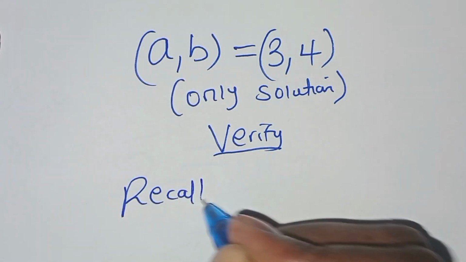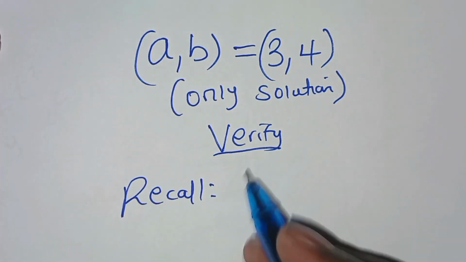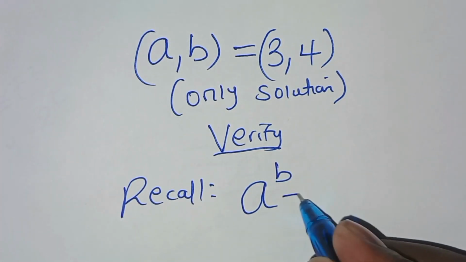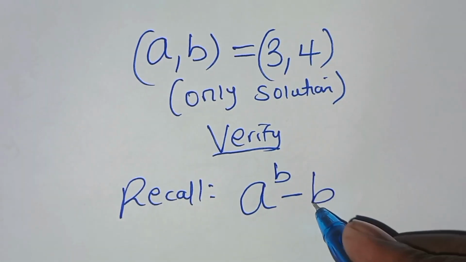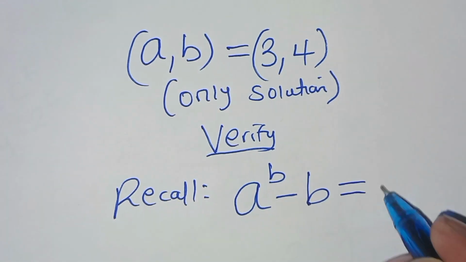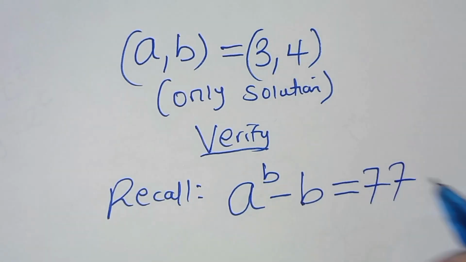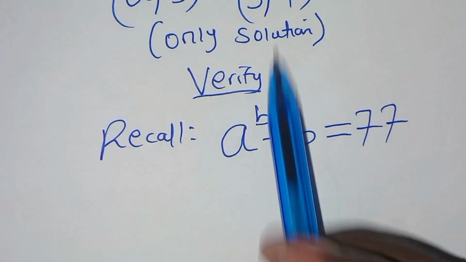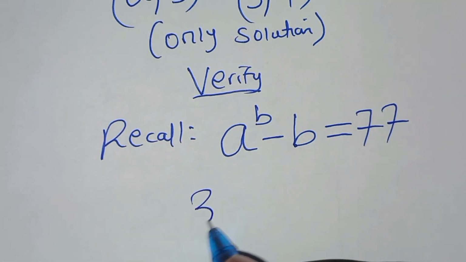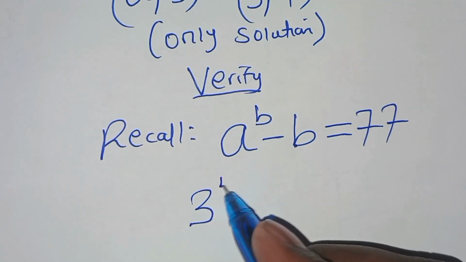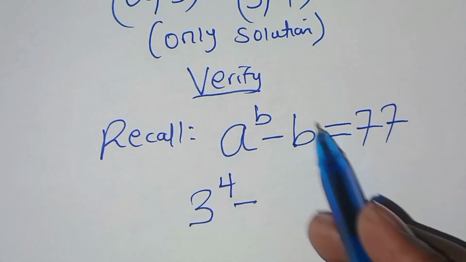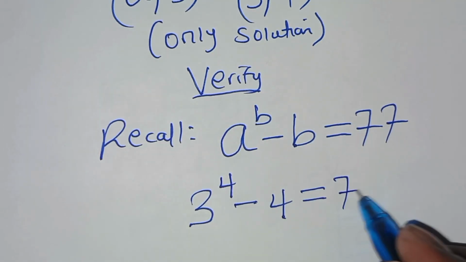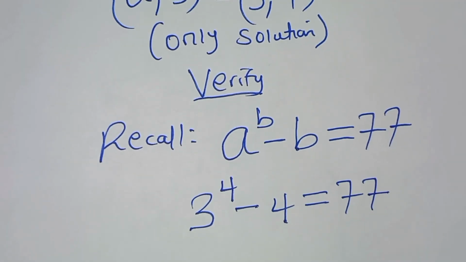Now, if you recall, we had a to power b subtract b is equal to 77. So a is equal to 3, so we have 3 to power b, which is 4, subtract b, which is 4. And this is supposed to give us a value of 77.